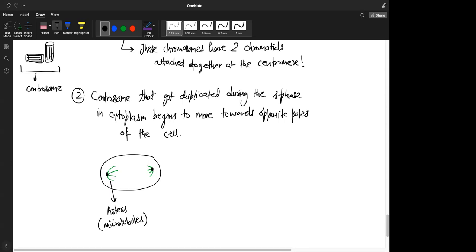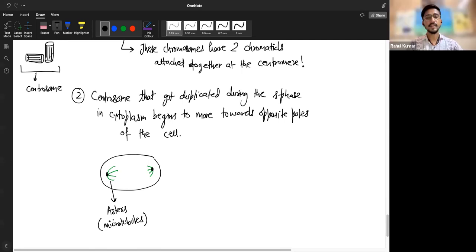It was a cytoskeletal element, right? Those elements which make the structure of the cell: microtubules, actin filaments, actin myosin, this word you must have heard, actin filaments, intermediate filaments, microtubules. So these things which come out of the centrosome are called asters, and they are made up of microtubules. Okay.